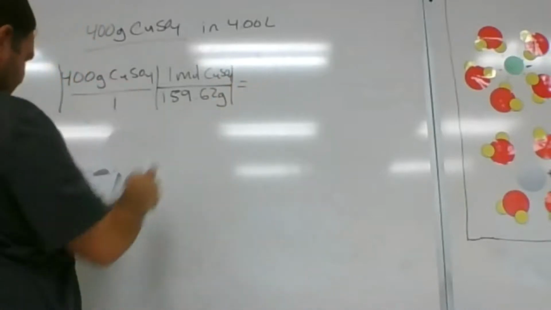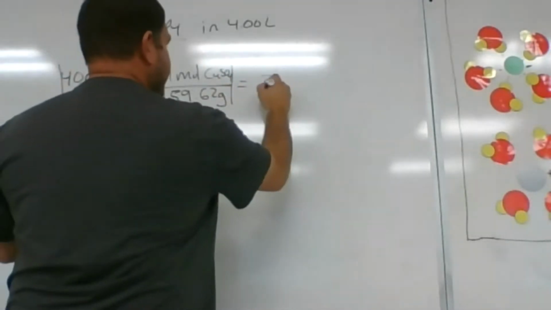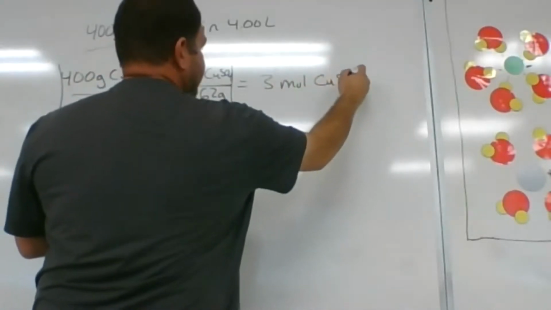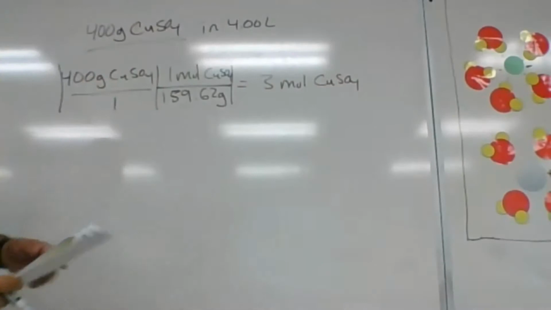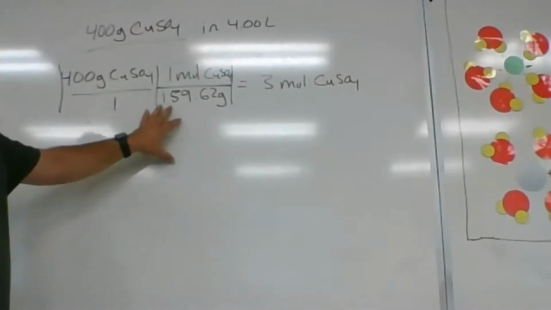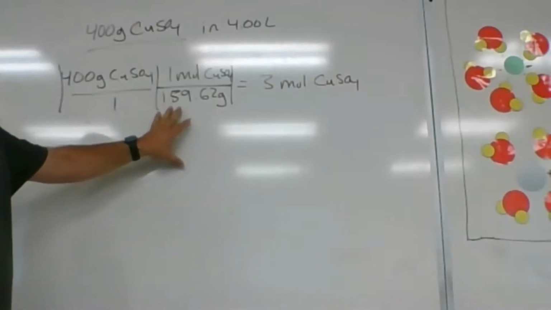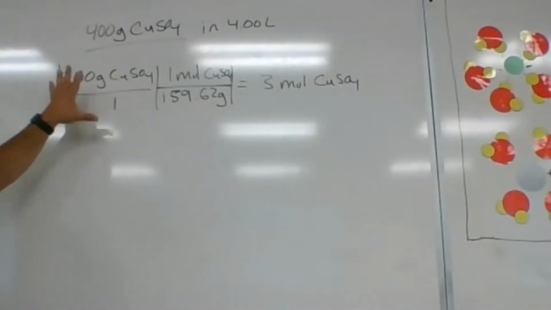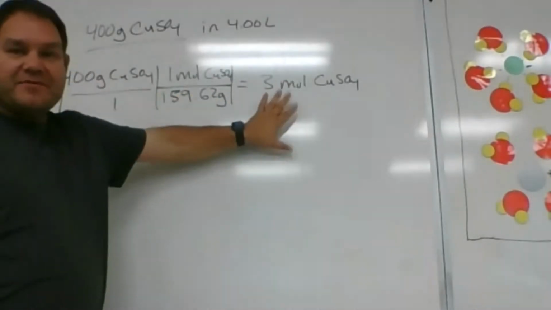So when I do my calculation, I get 3 moles of copper sulfate, all right? So again, I've already done this step for you where I've calculated the molar mass. You're going to have to do that in a problem like this if they give you the mass instead of the moles.